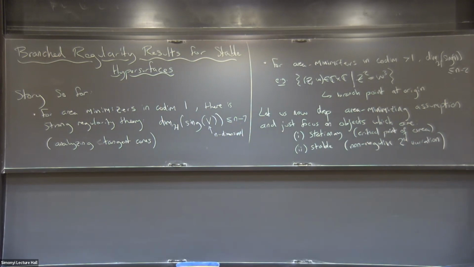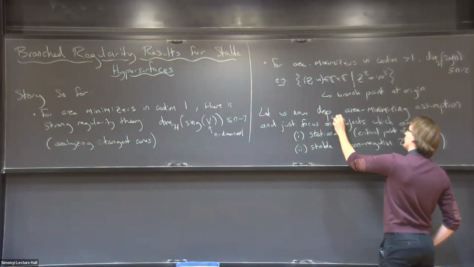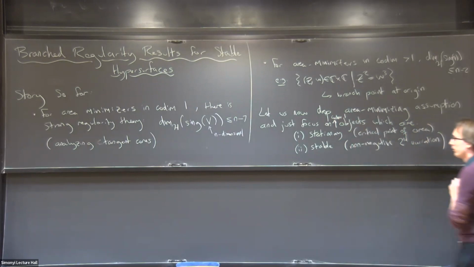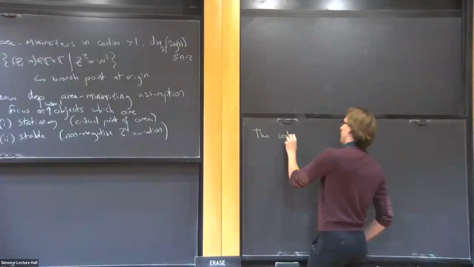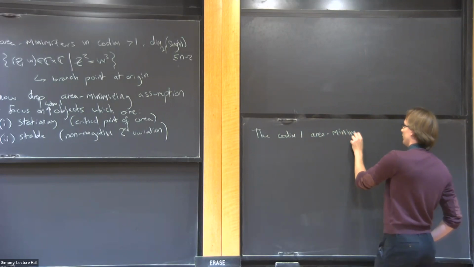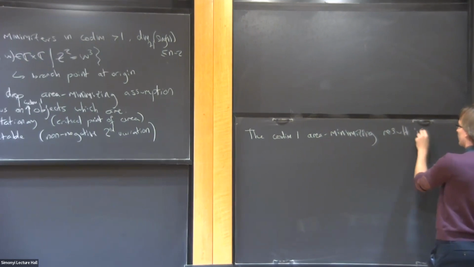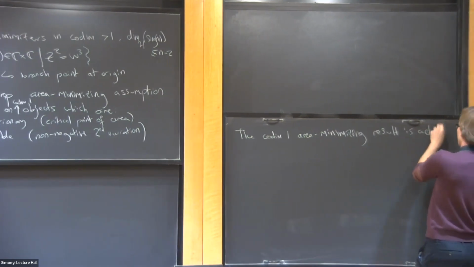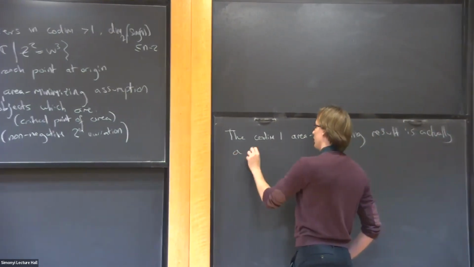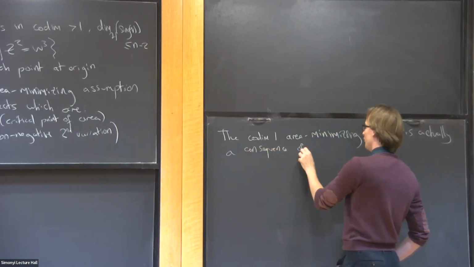I should probably specify codimension 1. So the codimension 1 area minimizing regularity is actually a consequence of just stability.